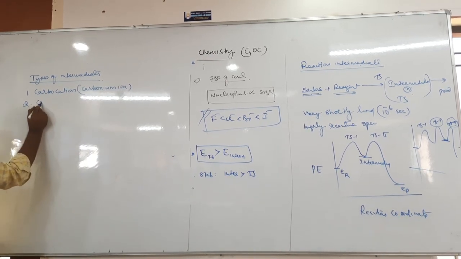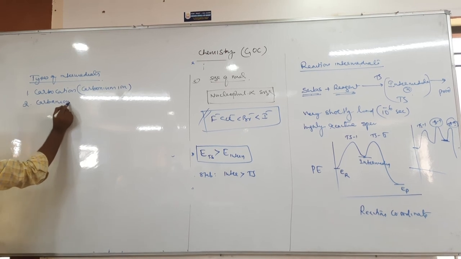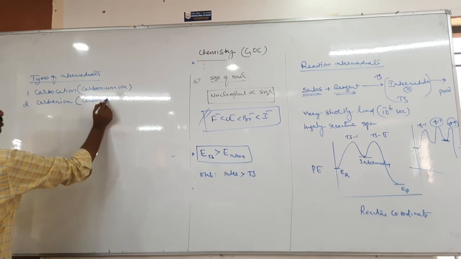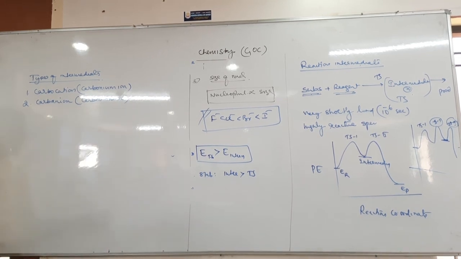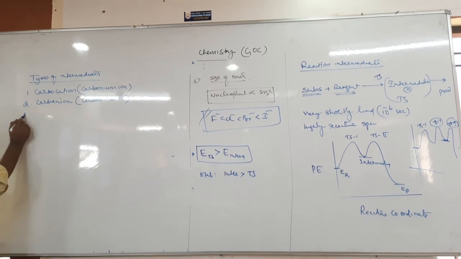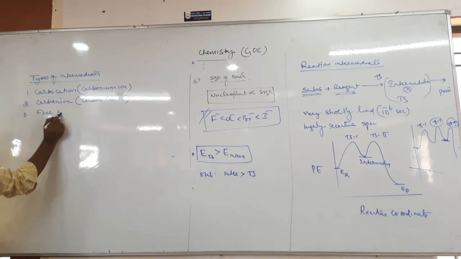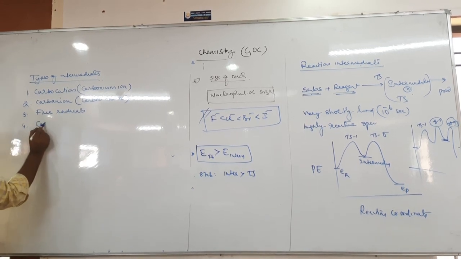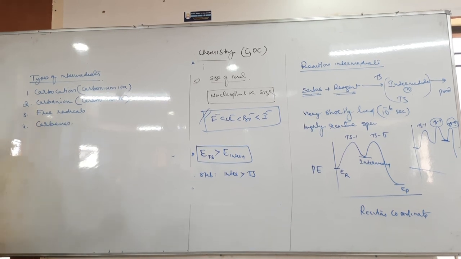Two, carbanion, carbon anion. Three, free radicals. Four, carbenes. So these are the 4 types of reaction intermediates. Okay, so the first one is carbocation. Okay, we shall continue next class.